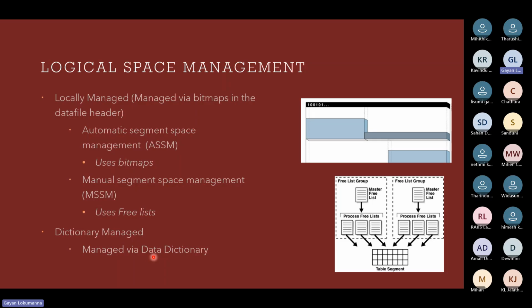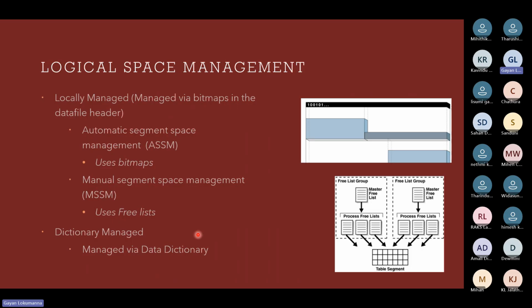Instead of doing that, Oracle has come up with a different approach where it asks the table space itself to manage the extents of its dependents. Example, let's say I have a users table space, and you are creating a table called maybe table 1. If table 1 is getting created inside the users table space, the users table space is responsible for tracking the allocated extents and the deallocated extents of that table.